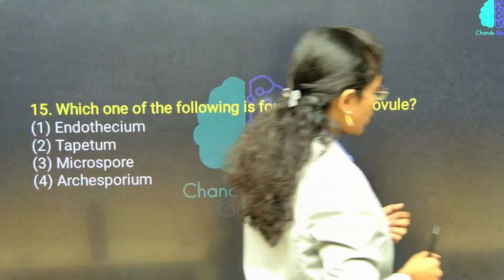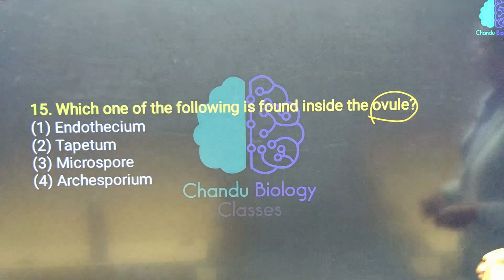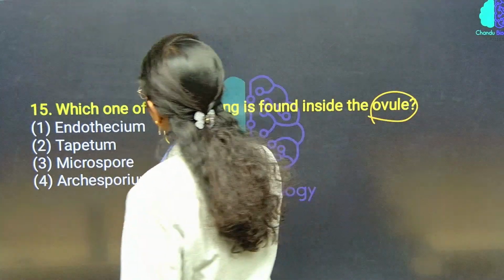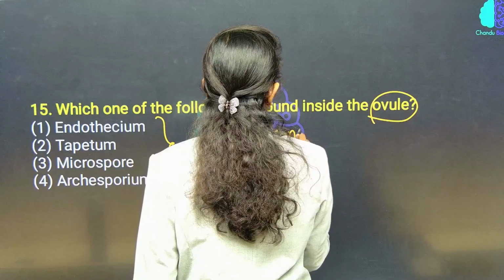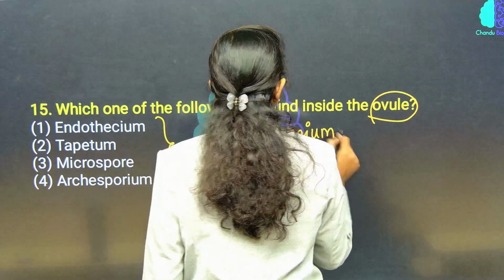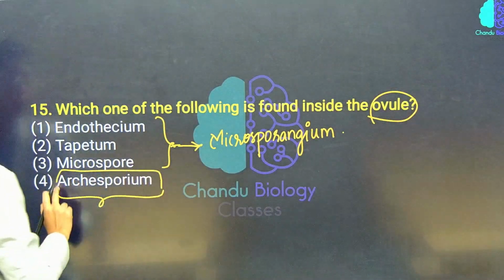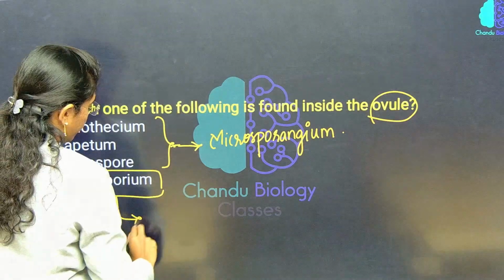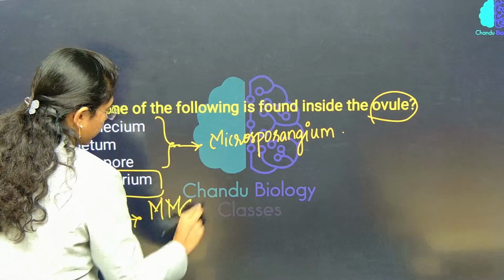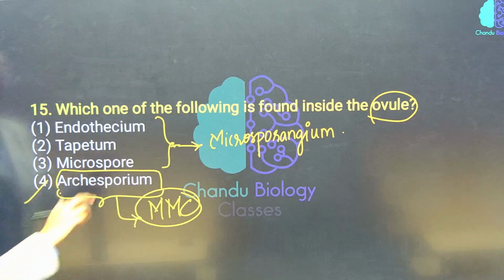Which one of the following is found inside the ovule, inside the female reproductive structure? Endothecium, tapetum and microspores are the structures which belong to the microsporangium. Archesporium cells are the cells which are present inside the ovule. These are the cells which differentiate and form the megaspore mother cell inside the ovule. Fine, right? So, the right answer will be option 4. Clear, right? Next question.